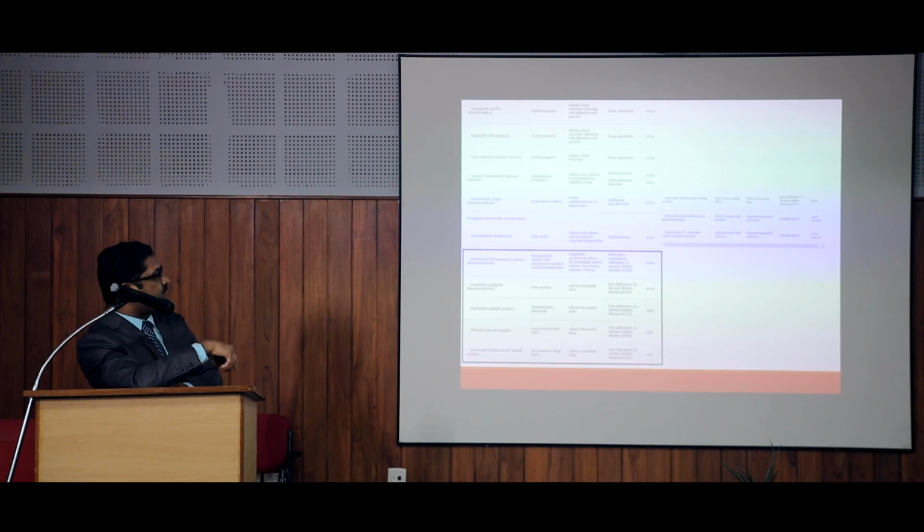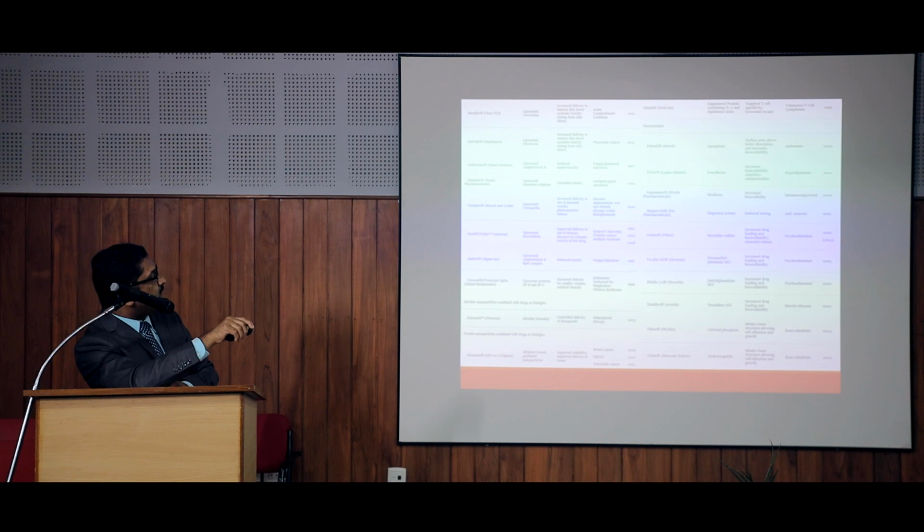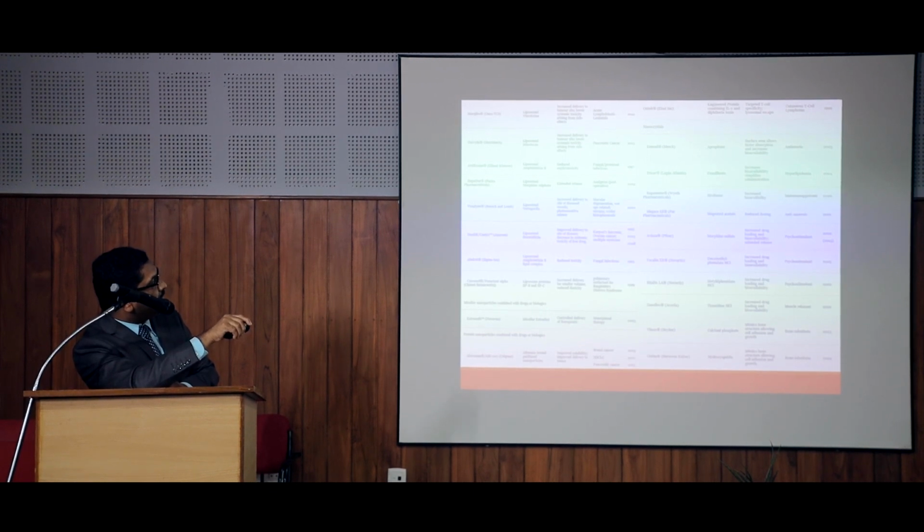You are supplementing iron through a nanoparticle formulation. You can see a lot of other examples, like delivering IL-2 through nanoparticles, delivering amphotericin B through liposomal formulation, and so on.